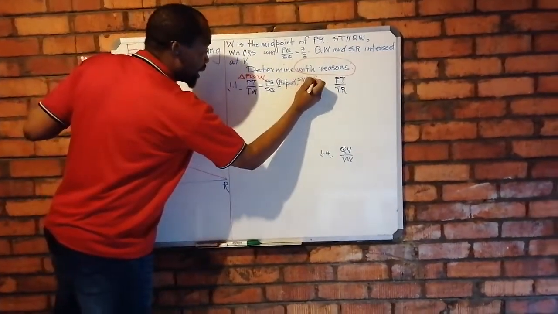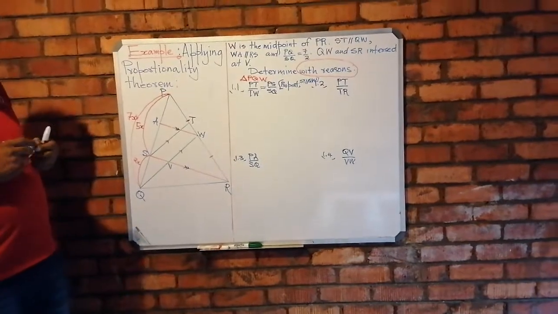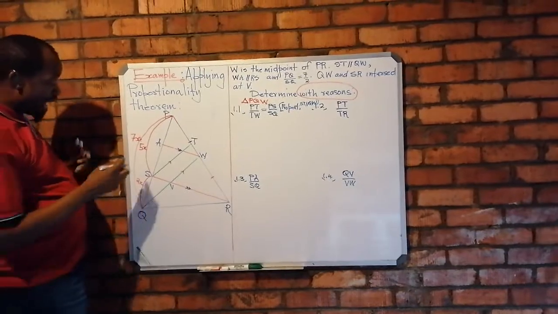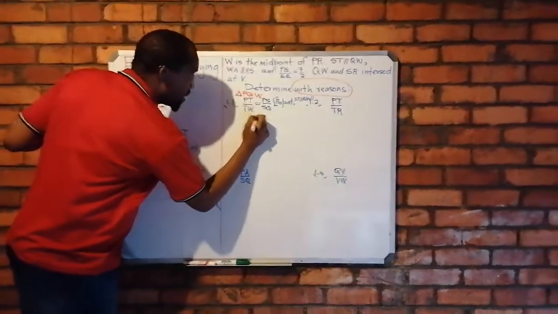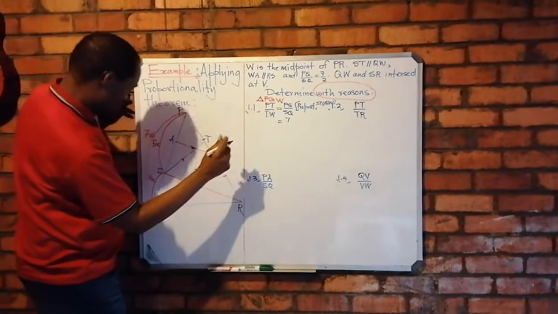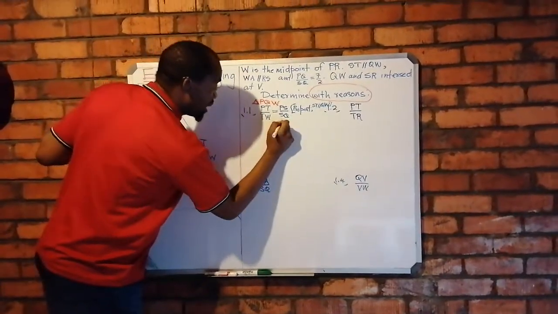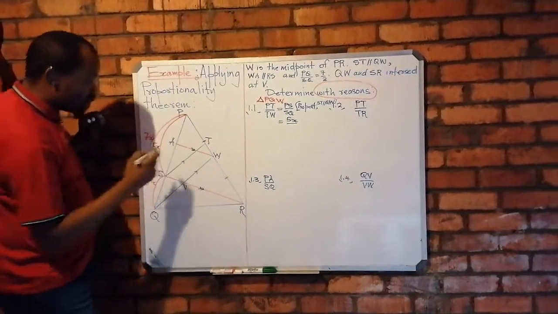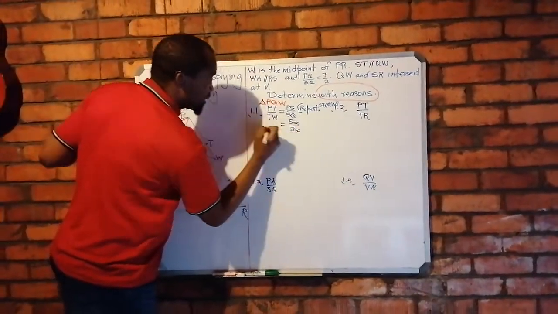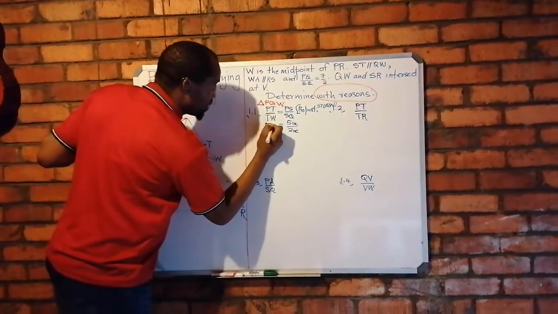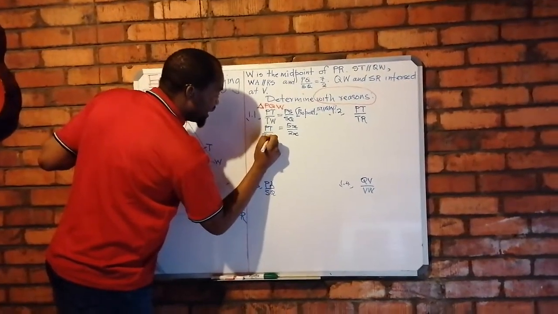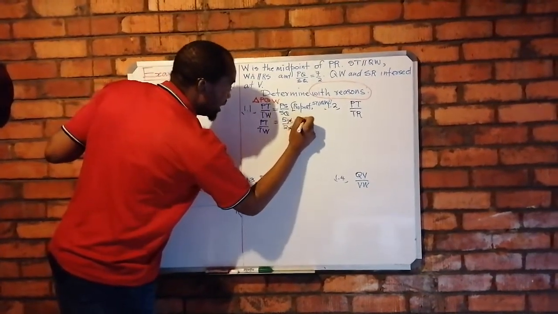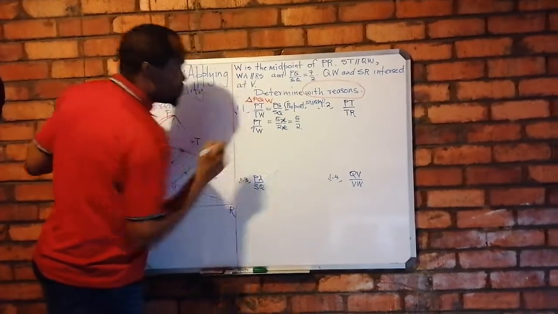That is very important. Let's close that there. I'm sorry about my space. Now we substitute what we know. I know PS. PS is 5x. It is 5x divided by SQ, which is 2x. Now, this means that PT over TW is, remember x cancels x, 5 divided by 2.